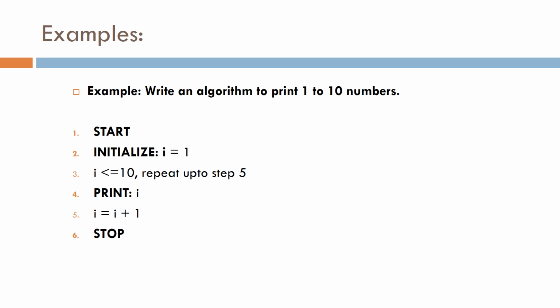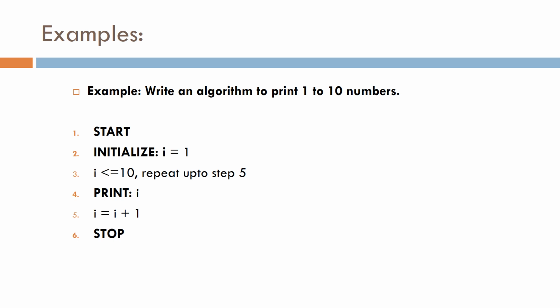So for the fourth statement, print I. Our value of I is 1, so here 1 is printed, and then in the fifth statement, I equals I plus 1, so I will be 1 plus 1, 2.